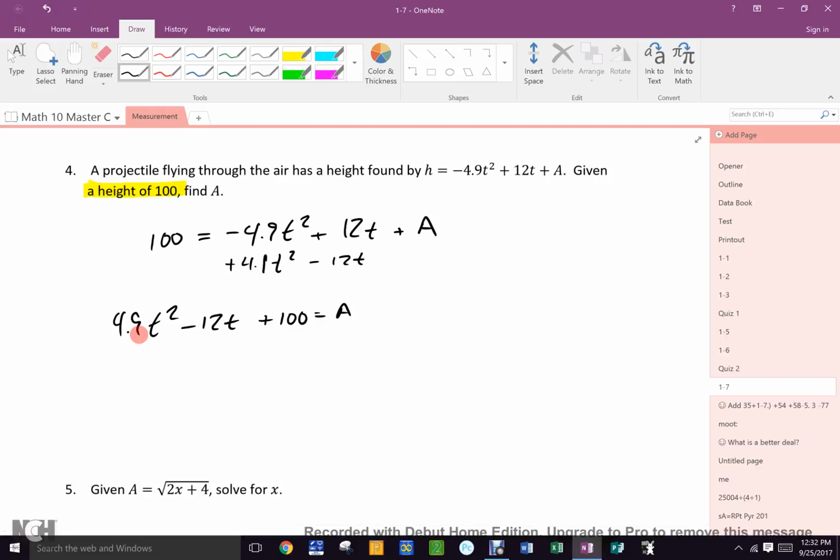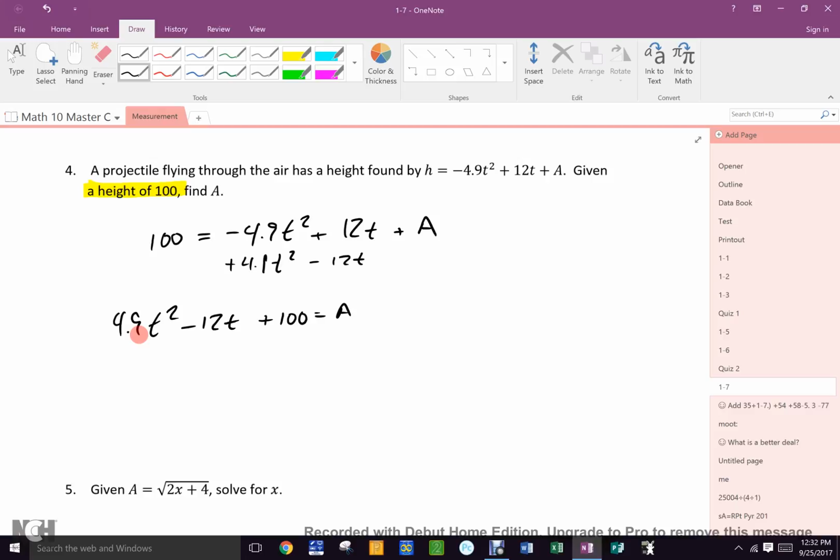Now, what is weird about this? There's 2 t's, right? Do you guys have in your math repertoire any mathematical tools yet that allow you to work with 2 letters? Because I can't add them because they're not like terms, right?